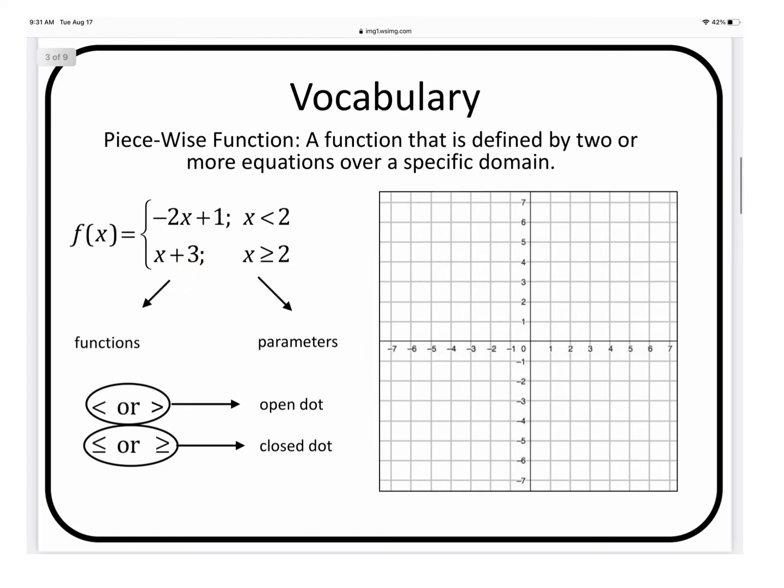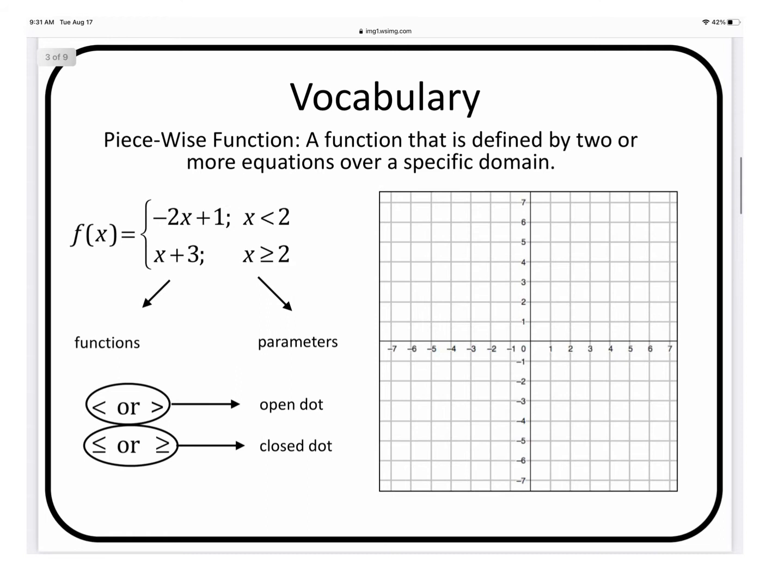The functions are going to be defined over certain parameters. What we're going to do is graph the functions and then limit them to their parameters, making sure that the parameters are defined at the very beginnings and ends, if need be, by a certain open or closed dot.